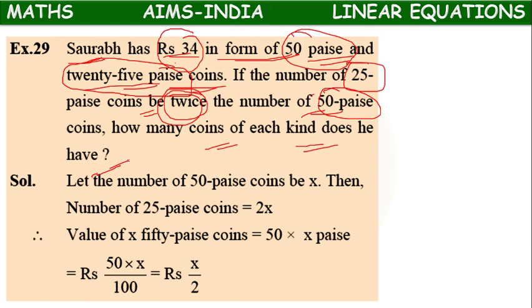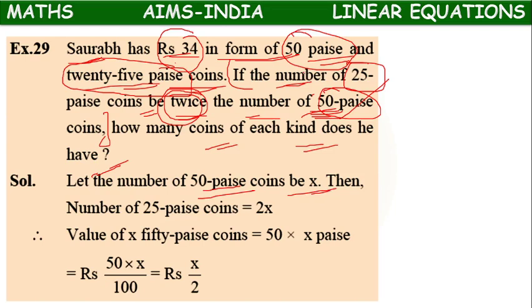The number of 25 paise coins is twice the number of 50 paise coins. In the statement, the 50 paise coins come last, so let us assume the 50 paise coins as x.